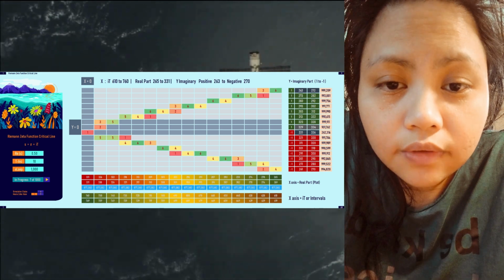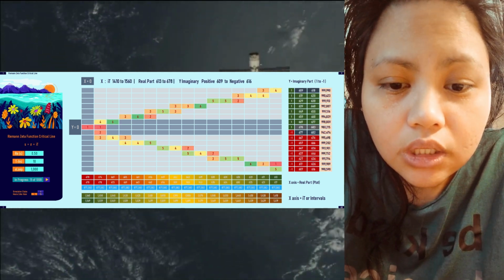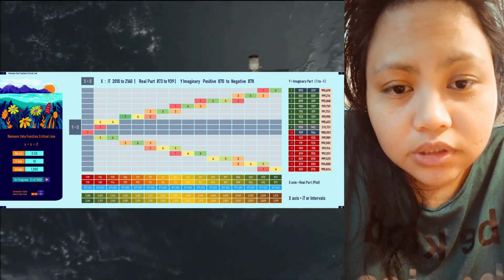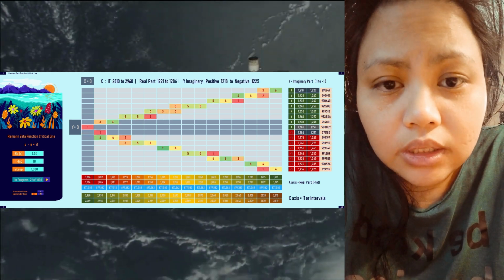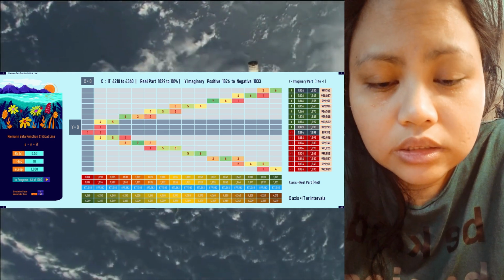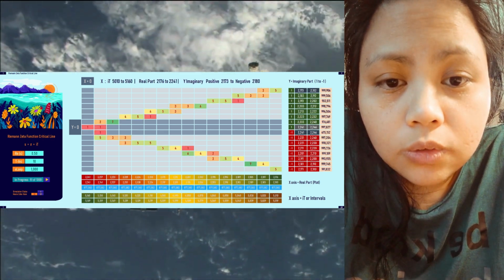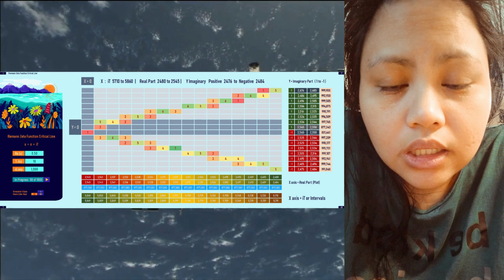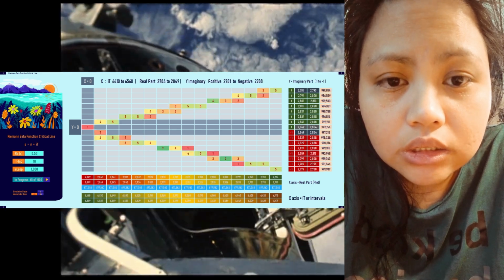The critical line of the zeta function. This is actually my first attempt to understand that equation: s equals sigma plus i, imaginary, and then interval.